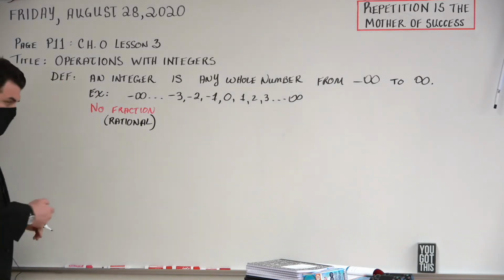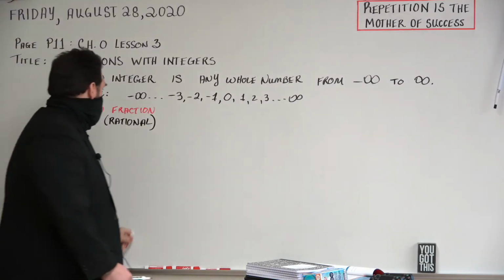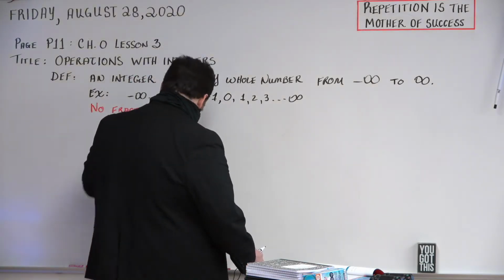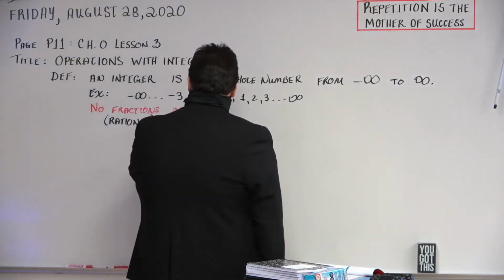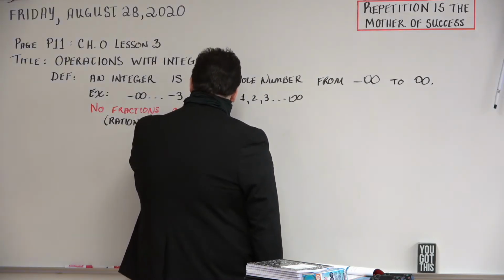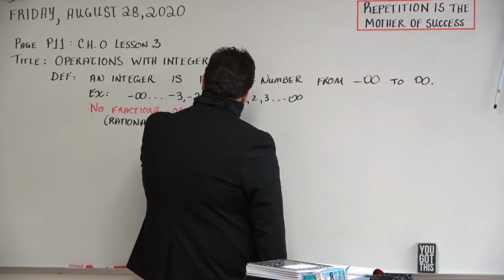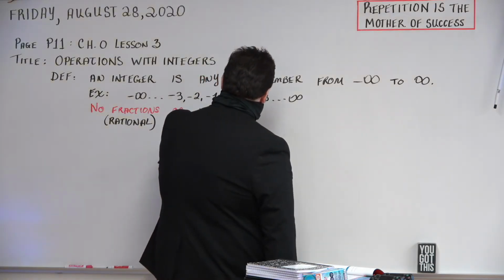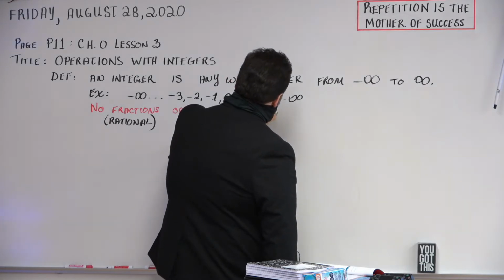Fractions are called rational numbers. No fractions or non-repeating decimals.